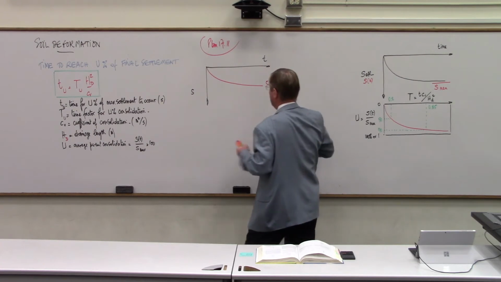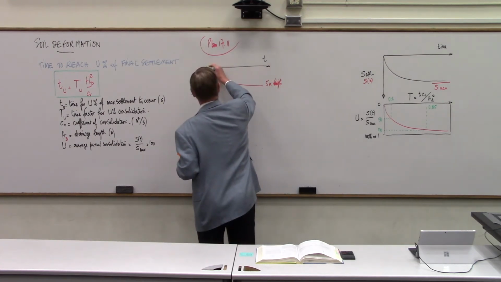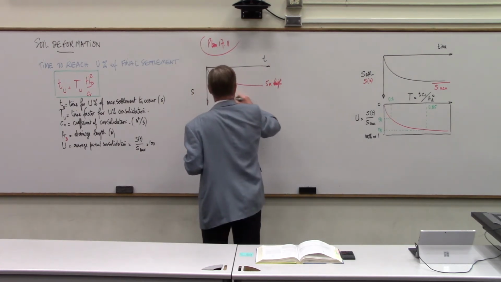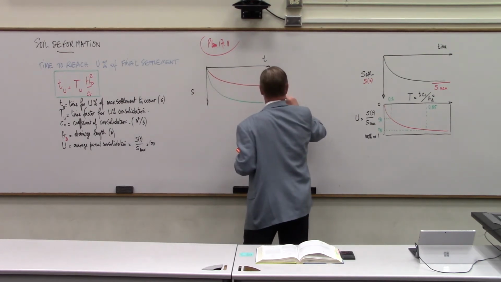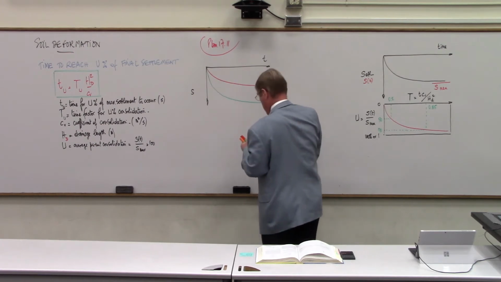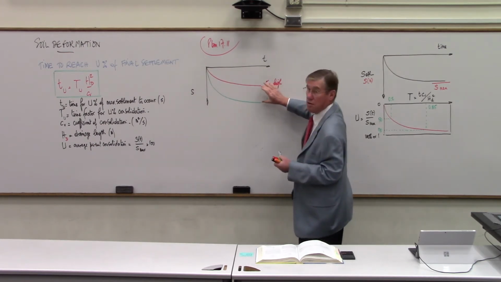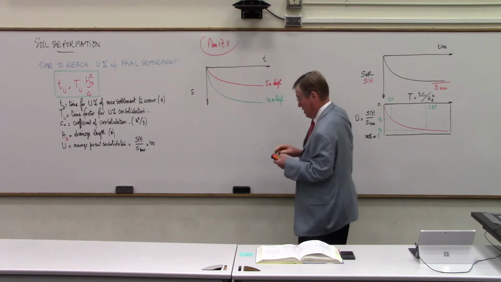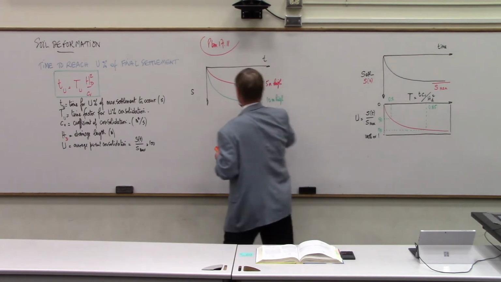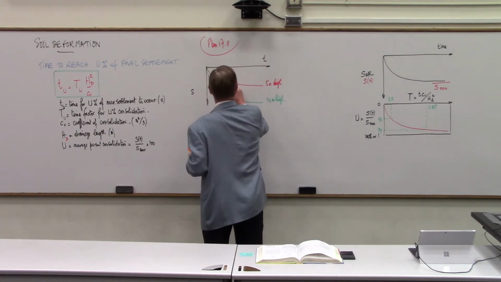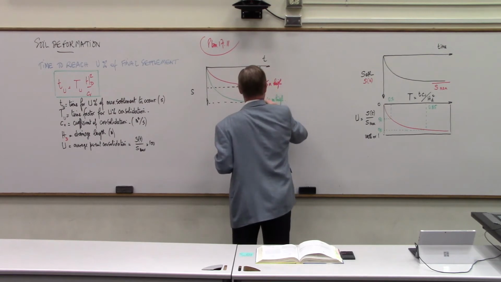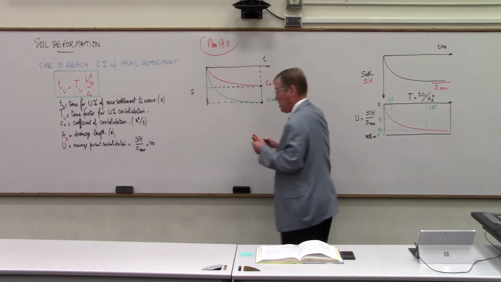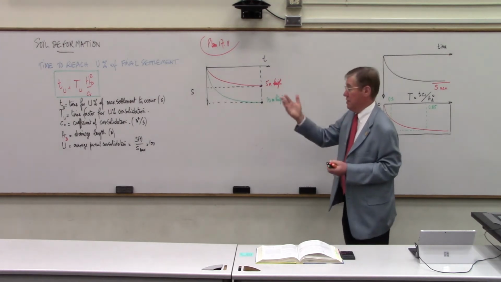If you have a 10-meter high embankment, now it's going to settle a lot more than the 5-meter high embankment, but it's going to take the same amount of time to reach the same percentage consolidation. This point and that point are reached at the same amount of time according to the theory.